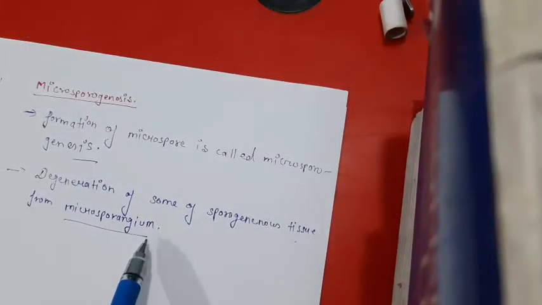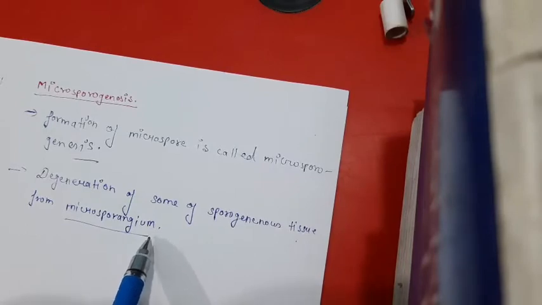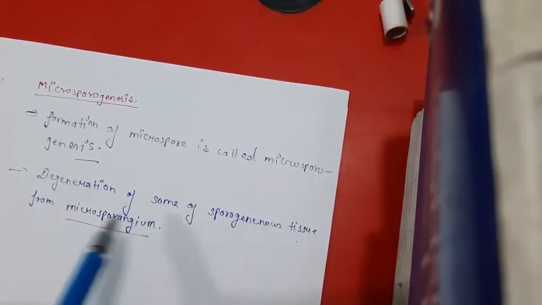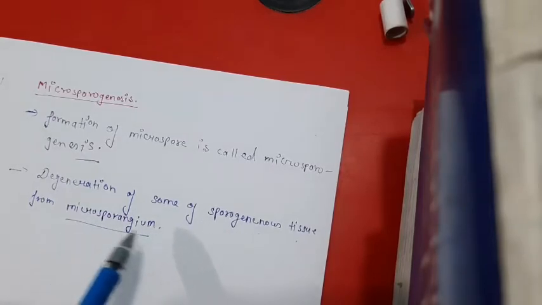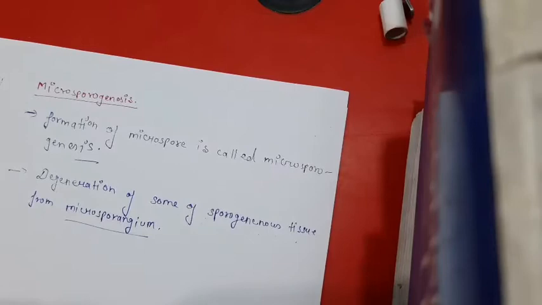Friends, we discussed the sporogenous tissue and microsporangium in the previous video. If you have not seen it, then first see the previous video, then you can understand very easily. So there is degeneration of sporogenous tissue, and this sporogenous tissue is present in the microsporangium of the transverse section of anther.